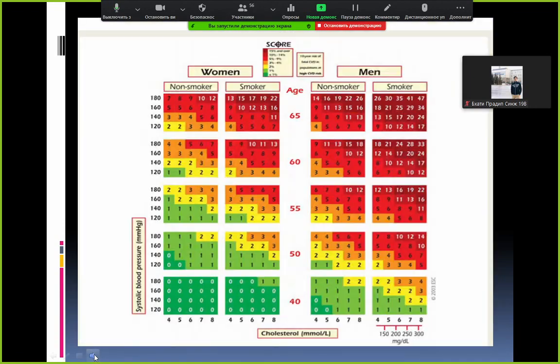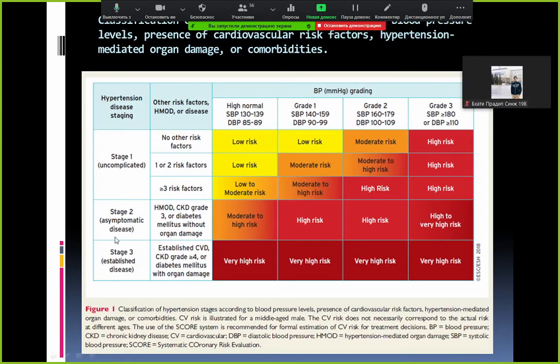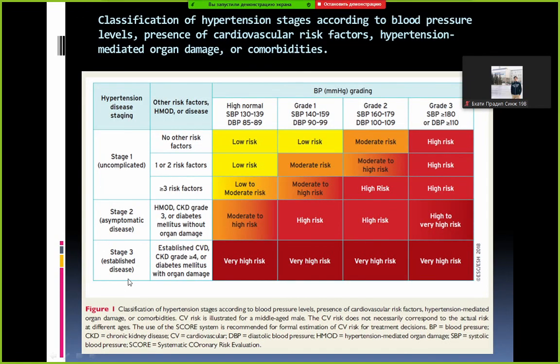Then the third stage is established when the patient has cardiovascular diseases such as myocardial infarction or angina pectoris, he has diabetes mellitus, chronic kidney disease, or he has the target organ damage with its functional derangement.